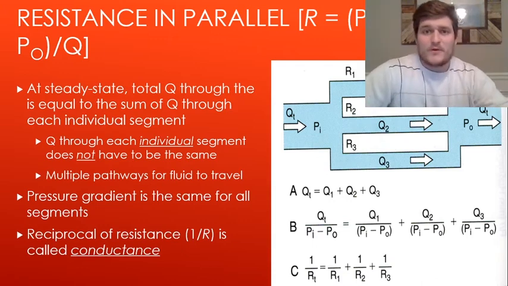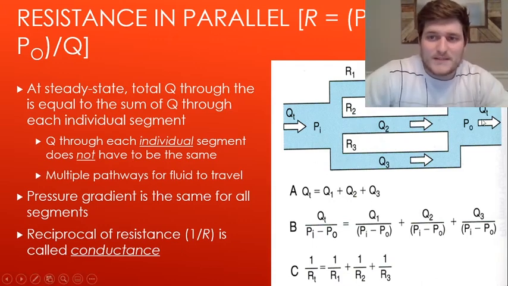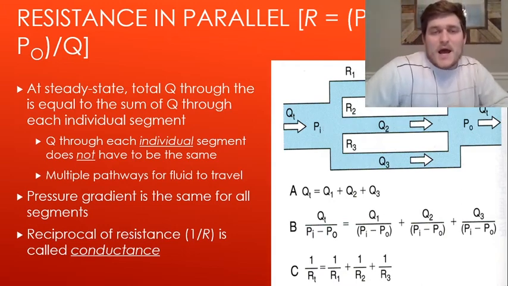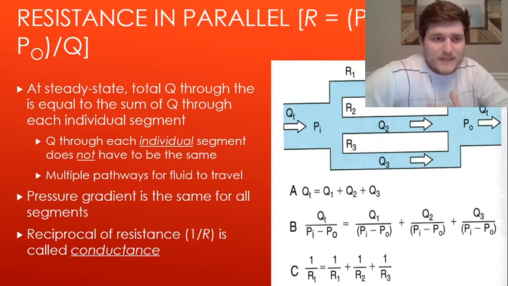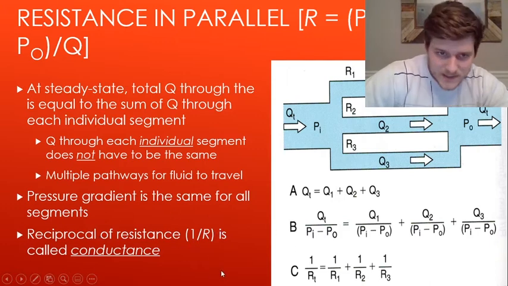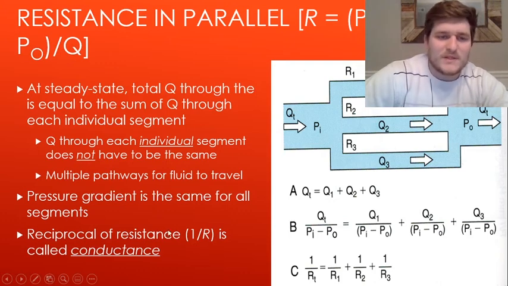In a parallel setup, we're going to see that the pressure gradients are going to be the same as opposed to a series, in which each individual resistance has its own pressure gradient. And then also in the parallel setup, we have a term called conductance, which is going to be the reciprocal of resistance.